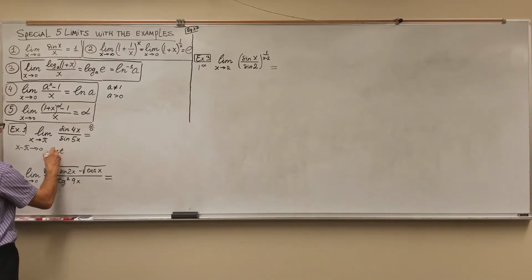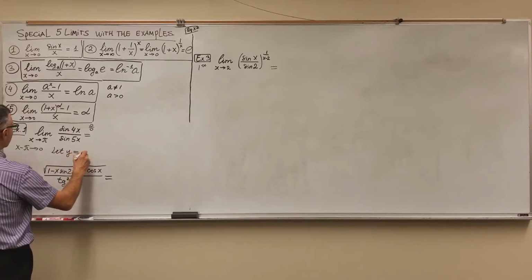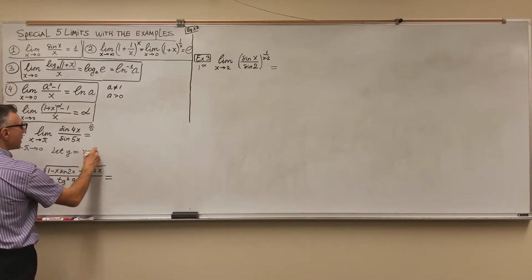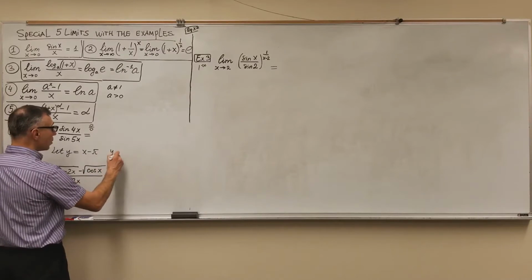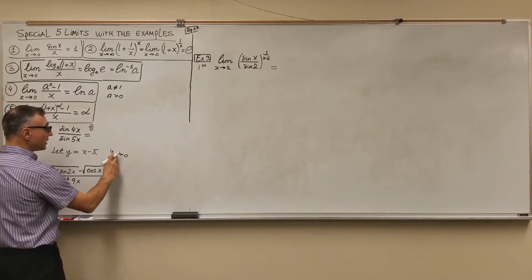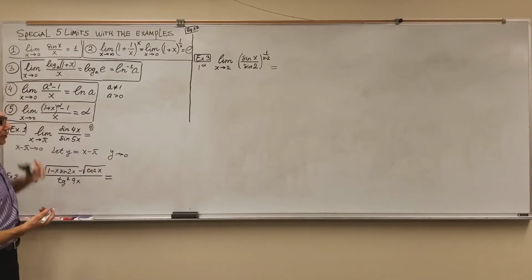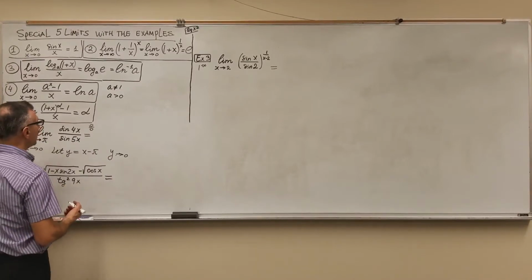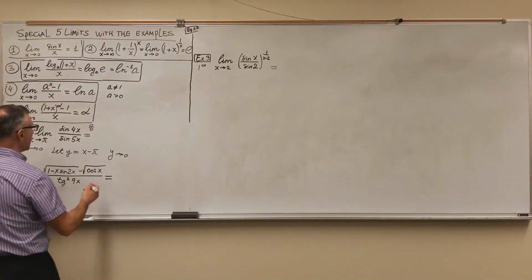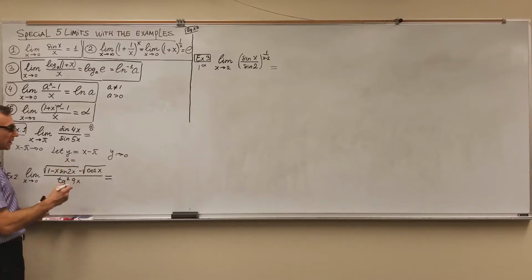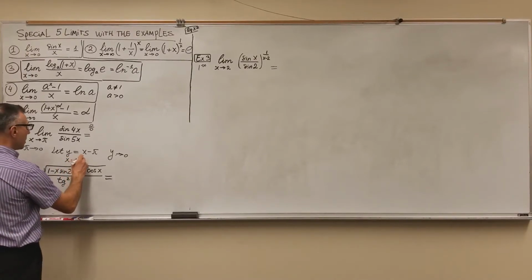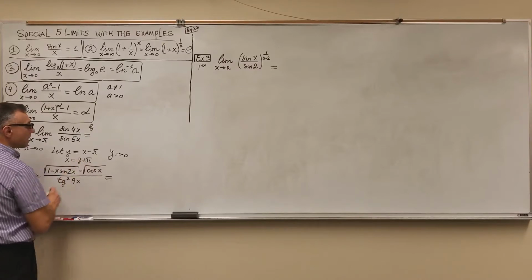Let's say y is equal to x minus pi. I want my y to approach 0, to be consistent with the limit number 1. In other words, from this transformation x will be equal to y plus pi.